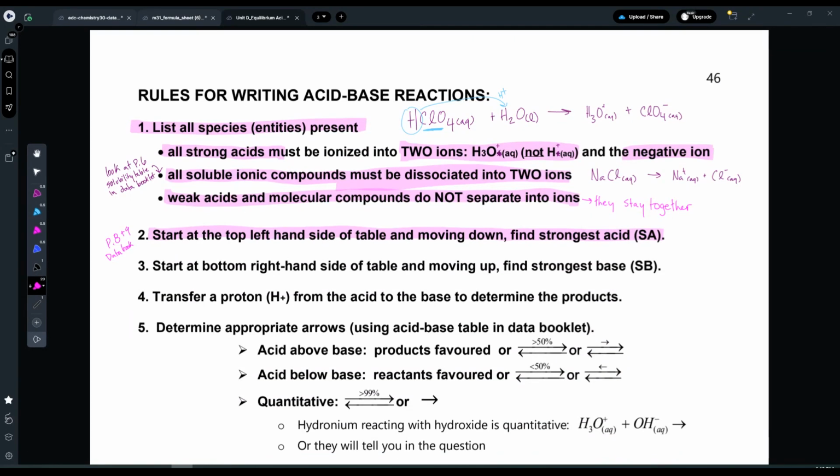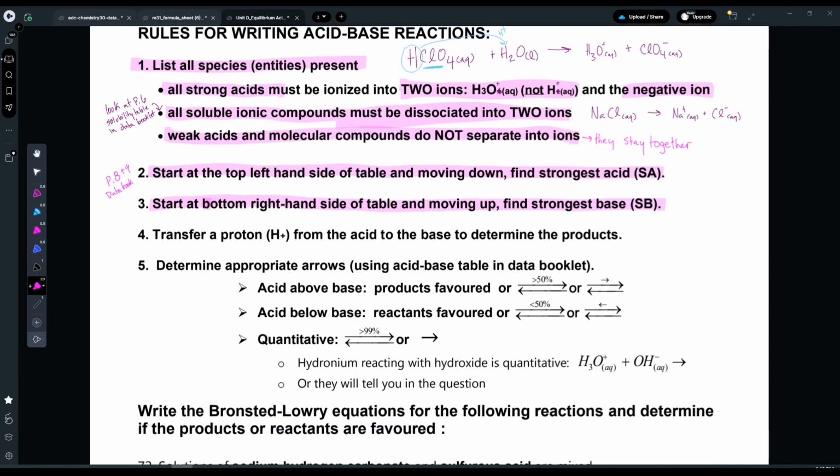Basically, whichever acid you run into first, that's going to be your strongest acid. Then for step 3, you're going to start at the bottom right-hand side of the table, and moving up, you're going to find the strongest base. Going from bottom to top, whichever base you run into first in the conjugate base column, that's going to be your strongest base.